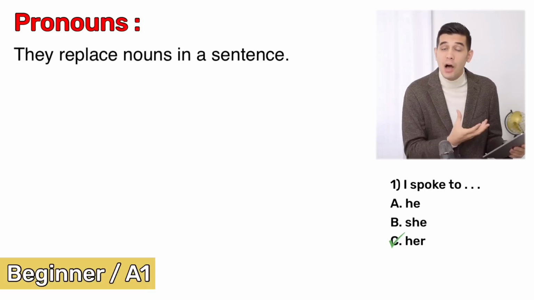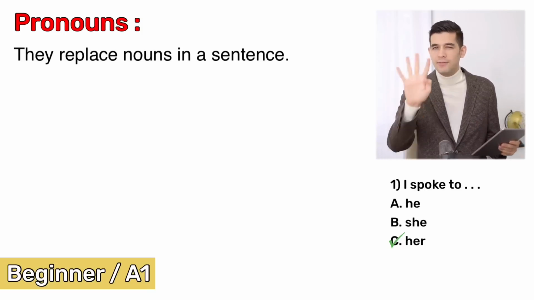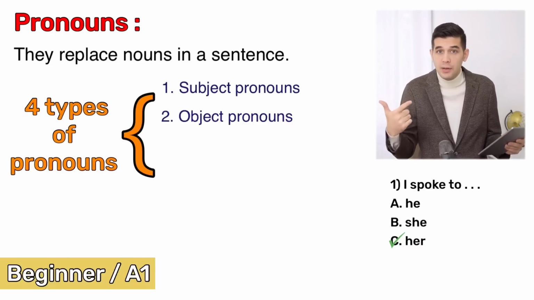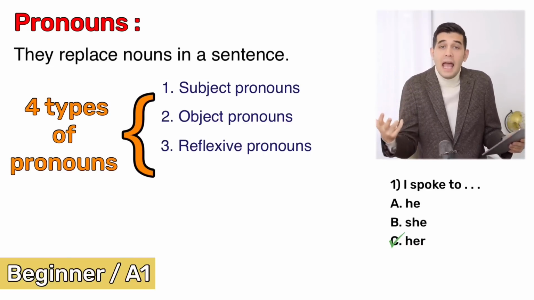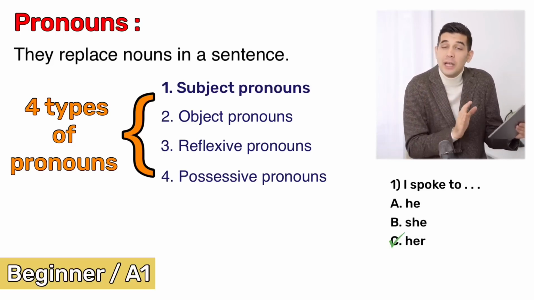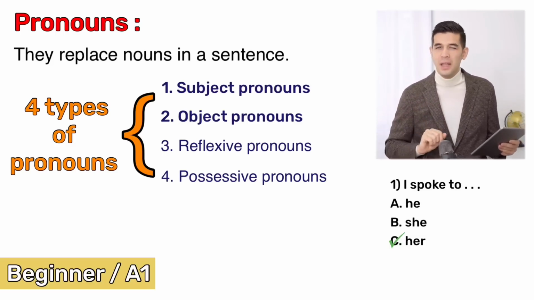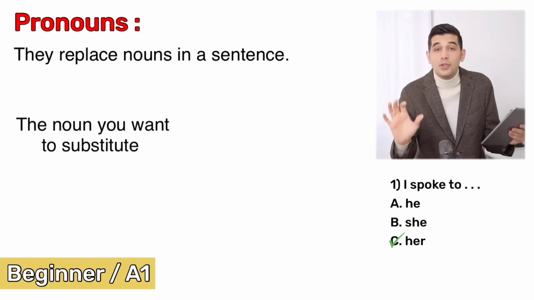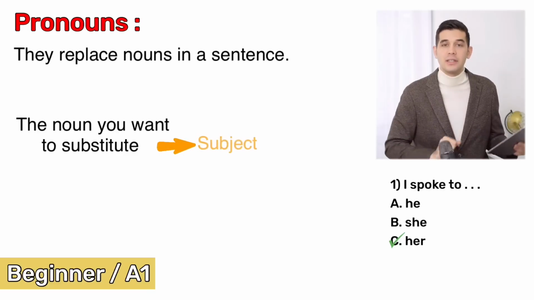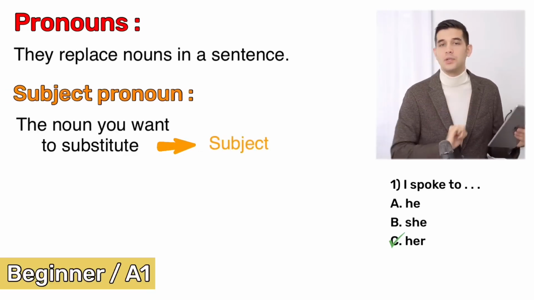Pronouns replace nouns in a sentence. We can have 4 different kinds of pronouns: subject pronouns, object pronouns, reflexive pronouns, and possessive pronouns. In this case, let's talk about subject and object pronouns. If the noun you are trying to substitute with a pronoun is the subject of a sentence, you should use a subject pronoun.